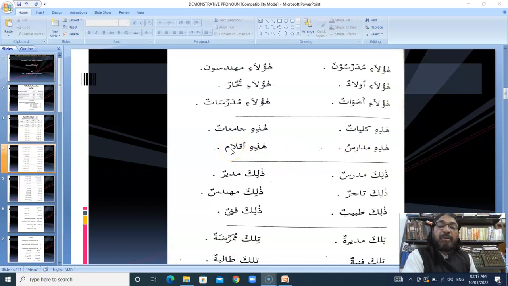Hazihi aqlamun, these are pens. So all jami'at, aqlam, kulliyat, madaris are non-living things and non-living plurals. So all non-living plurals will be considered as singular feminine genders. That is why before these plurals everywhere hazihi is used, not haulai. So remember this one. Don't be confused.